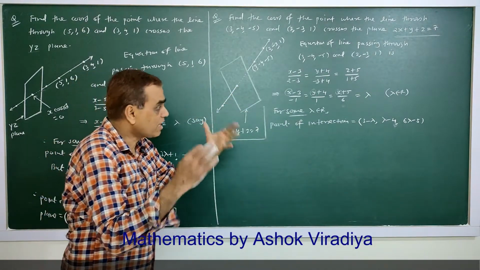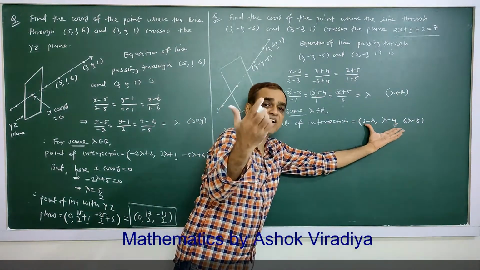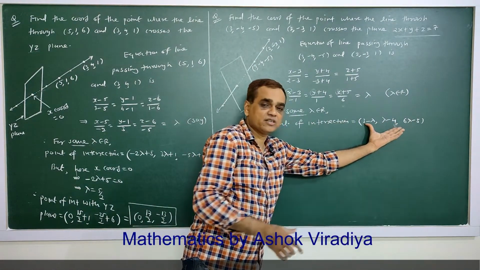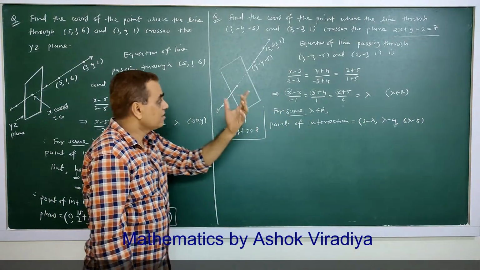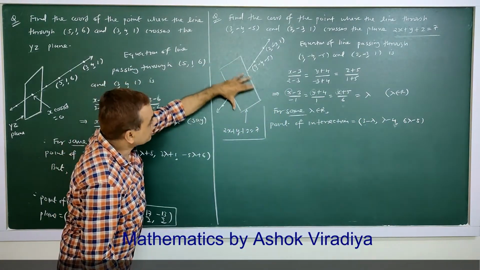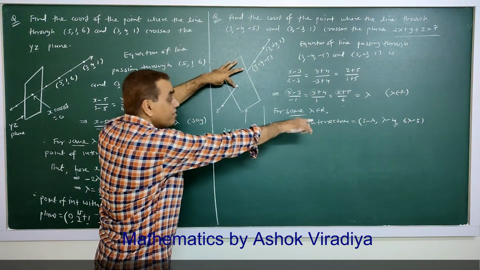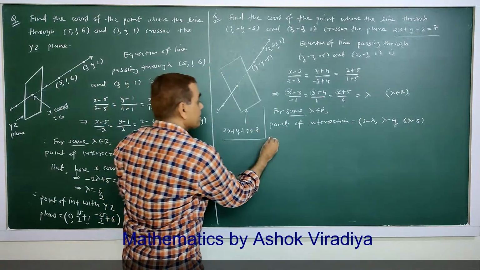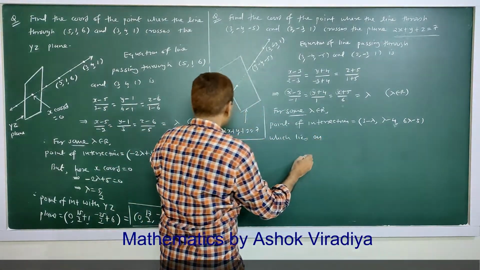And to find lambda, what do we do? Because this point of intersection is a fixed point, already defined by some particular lambda, and it lies on this plane.